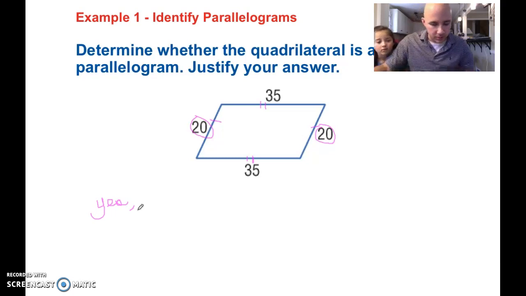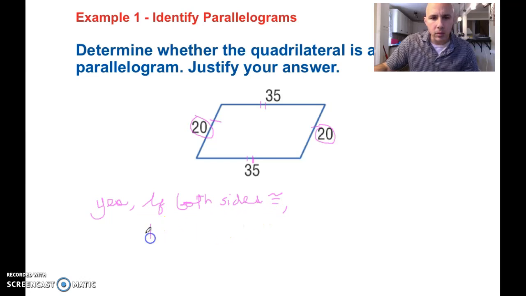Looking at my notes, I can say this: if both pairs of opposite sides are congruent, and I'll use a shorthand for this, then I can safely say it's a parallelogram. If you have any questions, please let me know. Thank you.